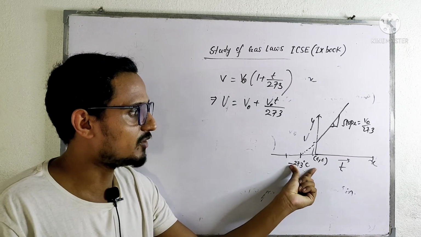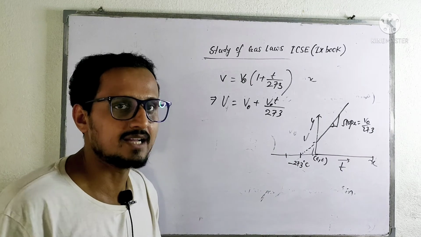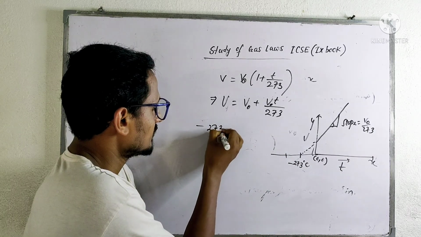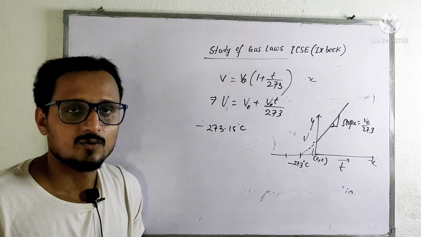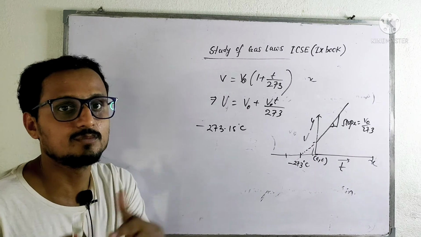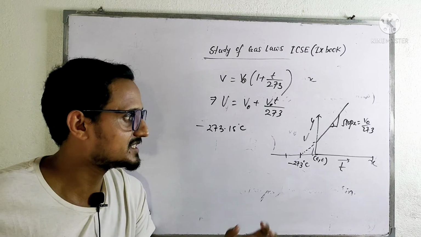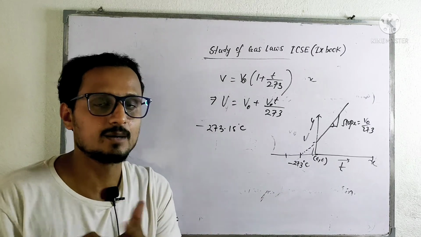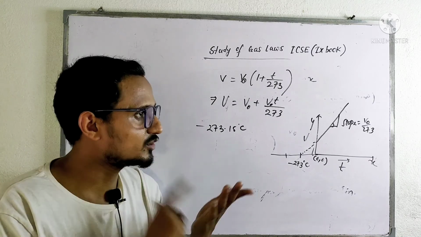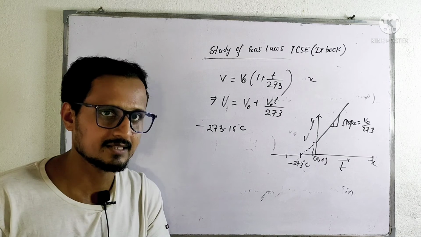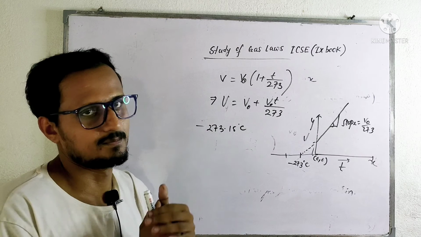At this temperature the volume of gas molecules becomes zero. At absolute temperature, that means minus 273.15 degree centigrade, the volume of gas becomes zero, and we cannot achieve this temperature. So what is absolute temperature? The temperature at which the volume of a gas becomes zero is called absolute temperature. The calculation of absolute temperature we will discuss in the next video.